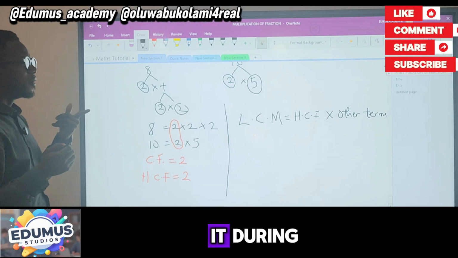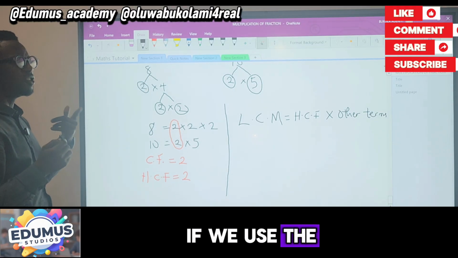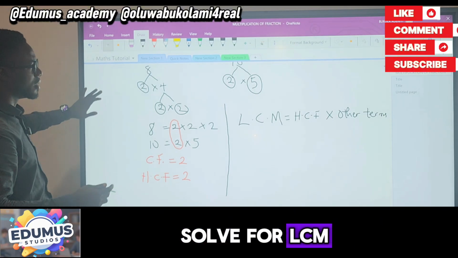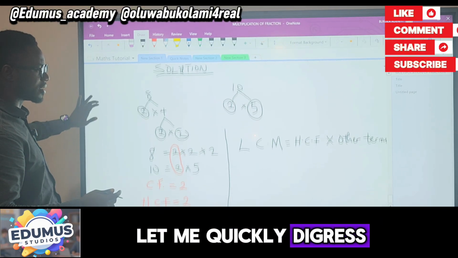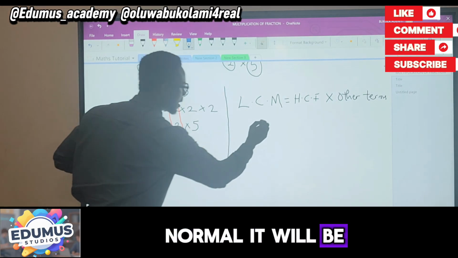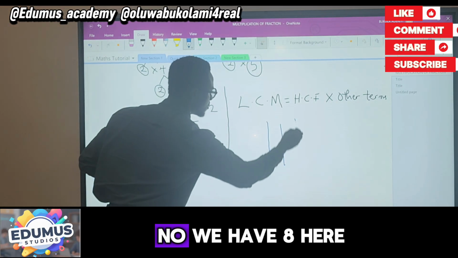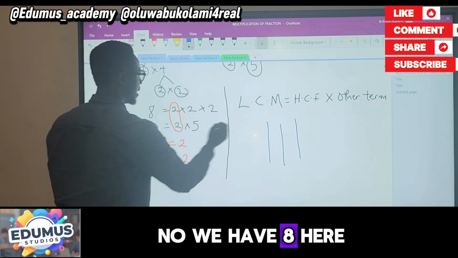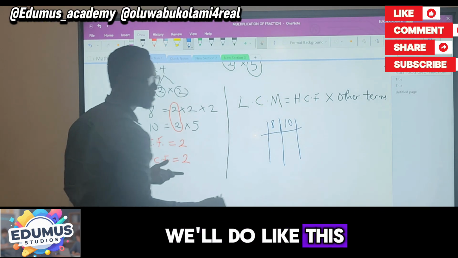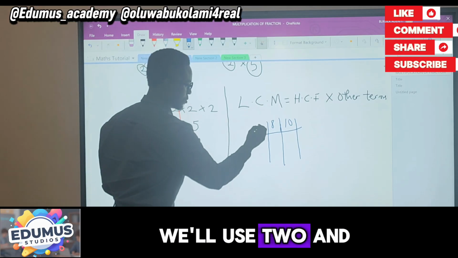If you look at it, if we use the normal tabular format to solve for LCM, let me quickly digress and use this. Okay, let me still continue from it. If we use the normal, it will be like this. We have 8 here. We have 10 here. We'll use 2.